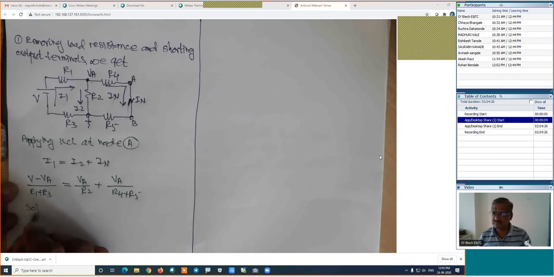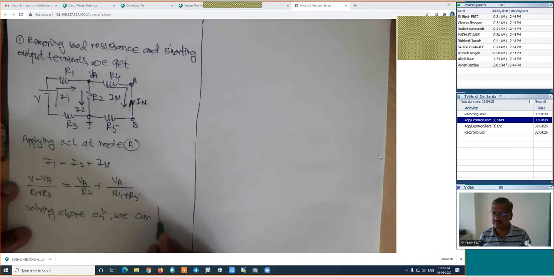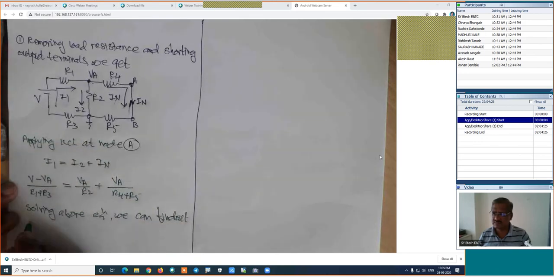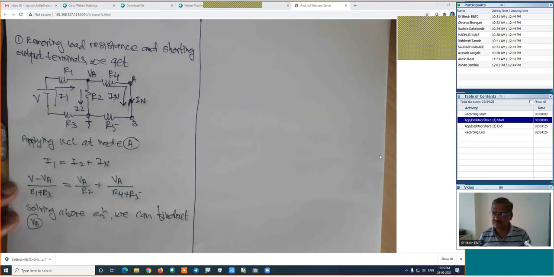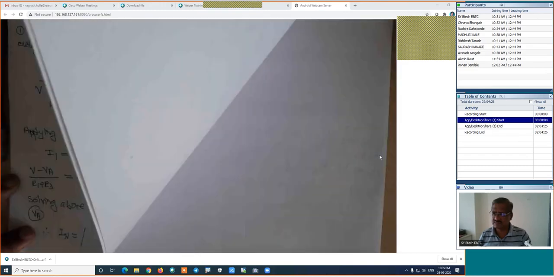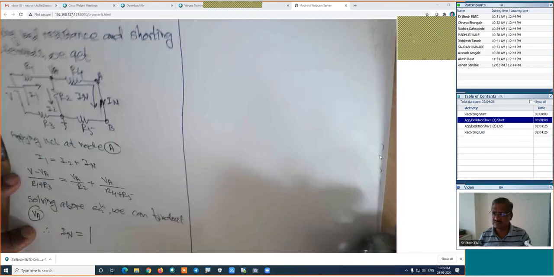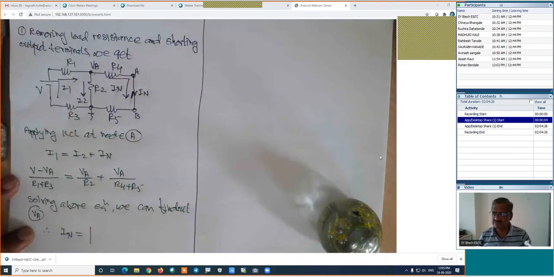Solving the above equation, we can find out VA. And if we know VA, then IN, or Norton's current, is always the modulus value, or always the positive value, just like Thevenin's value.